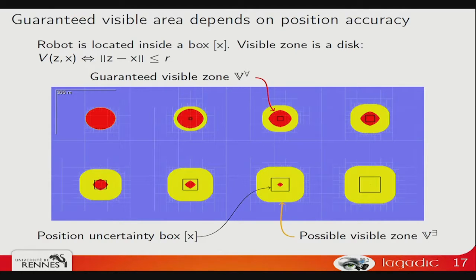As the position uncertainty grows, the guaranteed visible zone becomes empty, and the possible visible zone also grows. And in blue here are points that we are sure have not been seen by the robot.